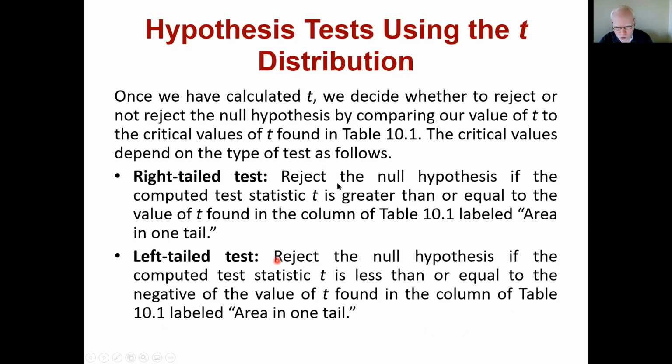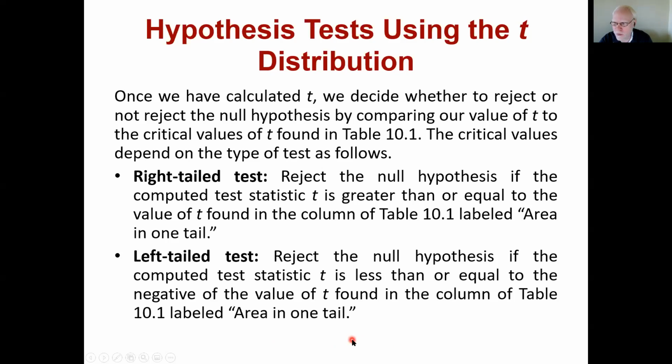If you think about it like how we did before, we've got our normal distribution, and our critical value was telling us that, let's say, 95% is in this part, 5% is in this part. We've got our critical value separating this 95 and this 5.